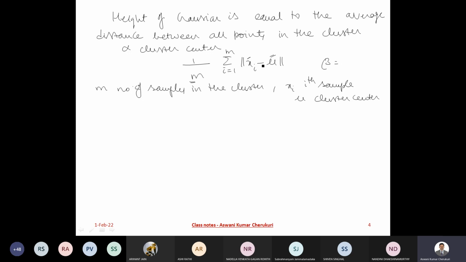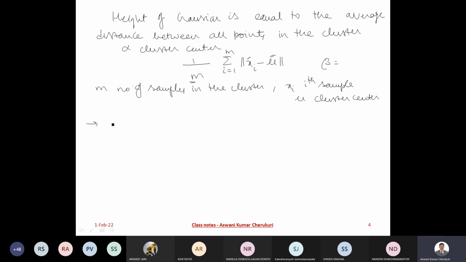That is going to define the height of the Gaussian. Now, this is the activation from one particular node in the hidden layer. Like this, you are going to calculate the activations from every node in the hidden layer.